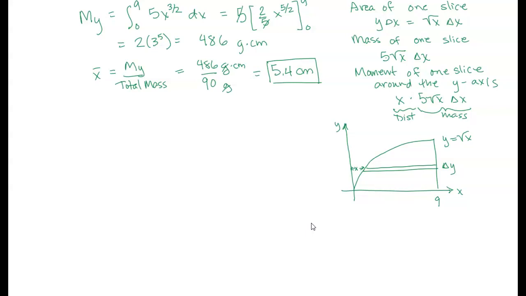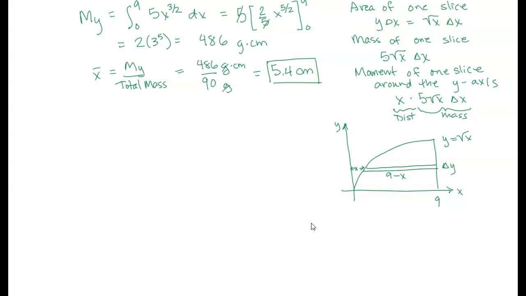So the length of the slice is 9 minus x. But we want to integrate with respect to y now, because we want to find the moment around the x-axis to get the y-coordinate of the center of gravity.